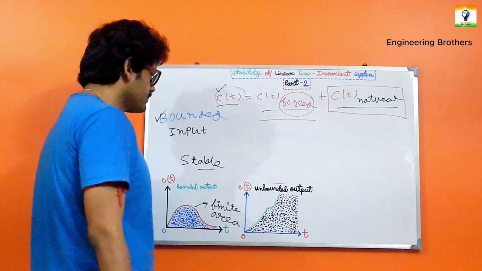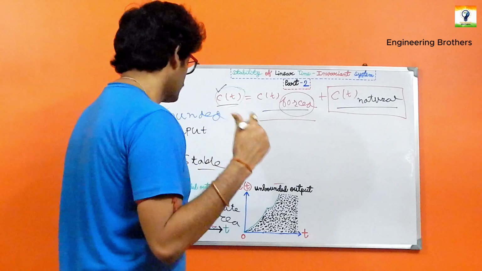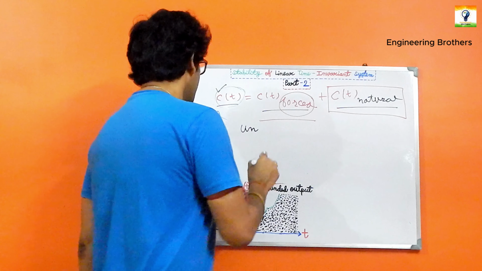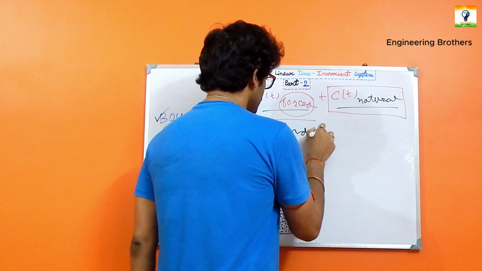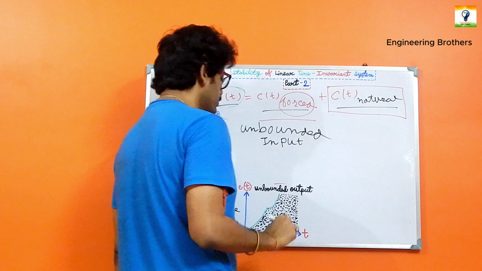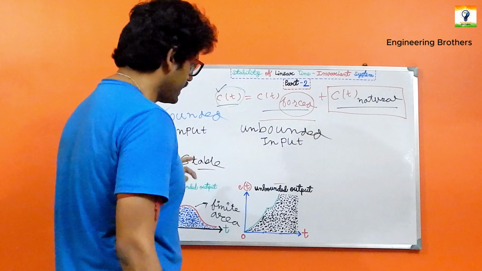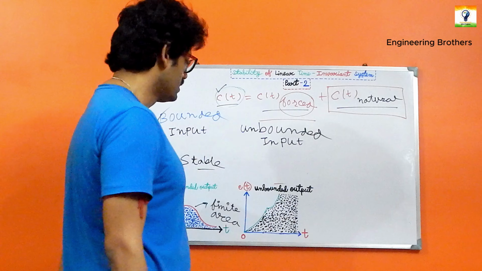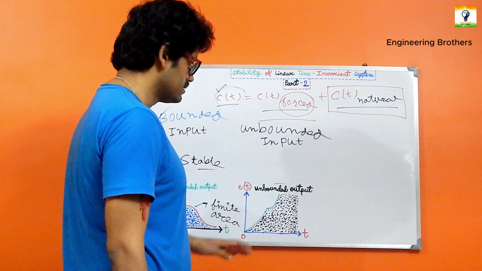Now once again, the other consideration is the unbounded input. If we apply the unbounded input in any given system, then we have this waveform over here, where the area is not definable.